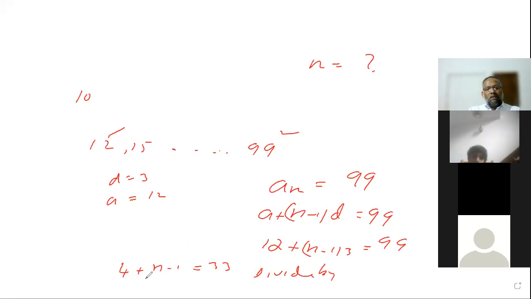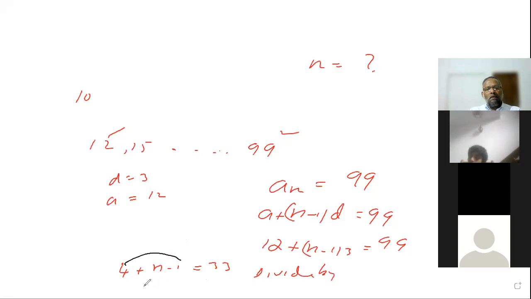Do you agree 4 plus n minus 1 is equal to 33? Yes, sir, it is an equation. Now for n, I need 4 minus 1.